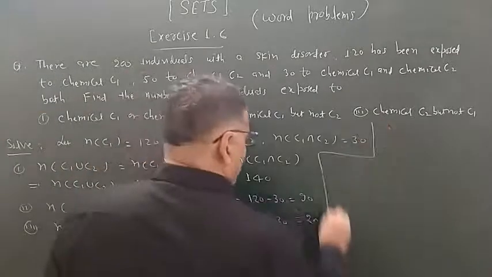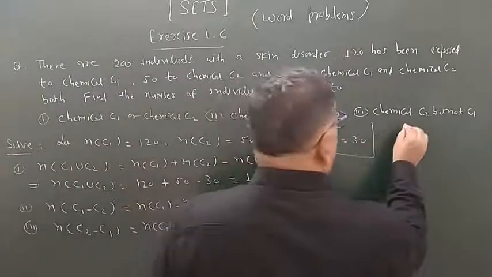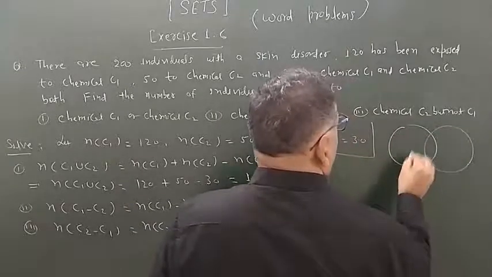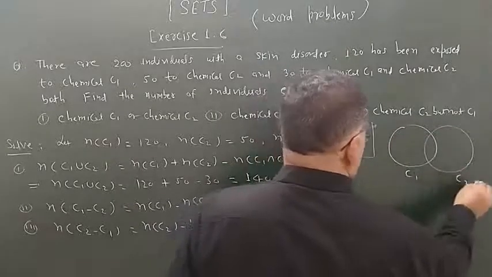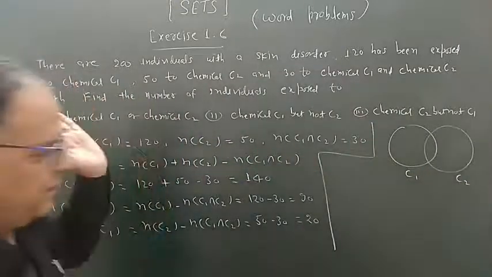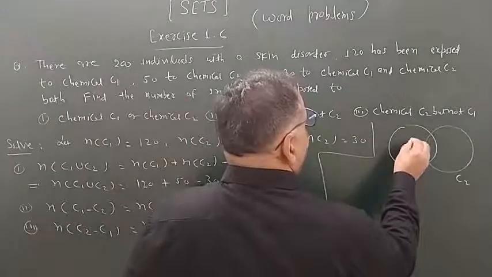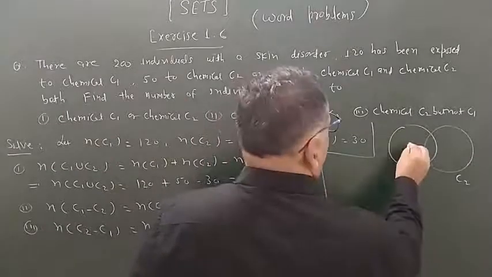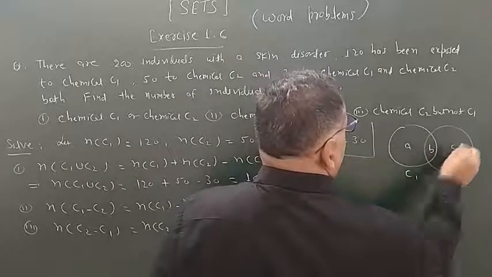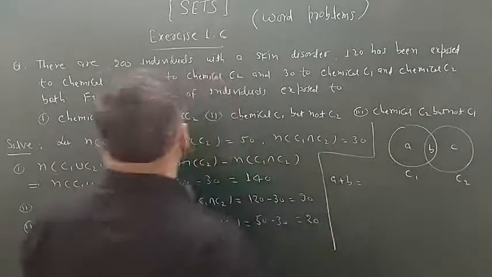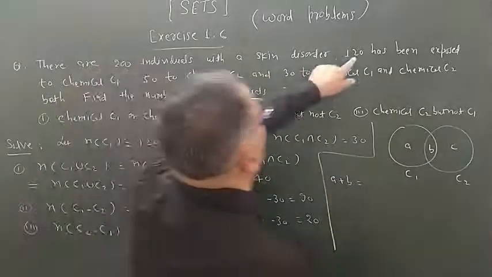If you want to use the Venn diagram method, then for these values, suppose that this is A, this is B, this is C. A plus B is given here, 120.